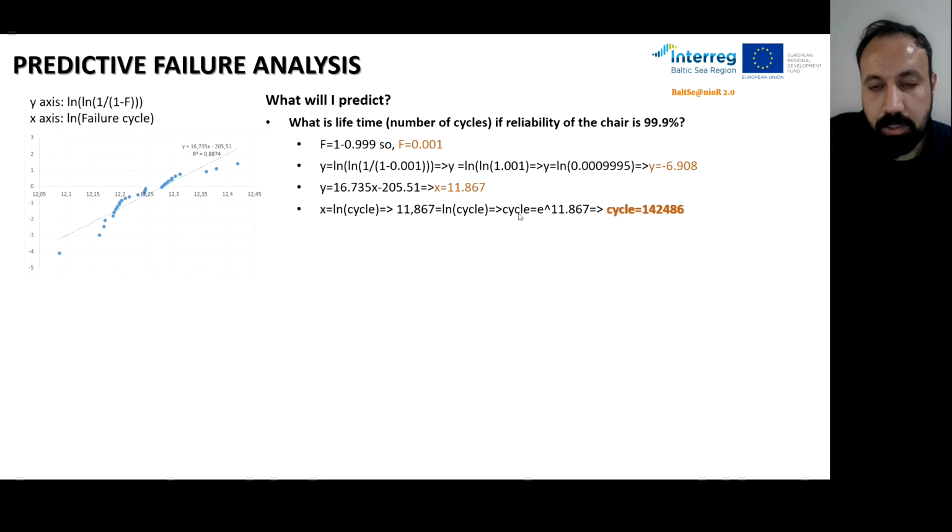If I solve for the cycle, the natural log goes to the denominator, so cycle is going to be e to the power of 11.86. Any scientific calculator can calculate this value.